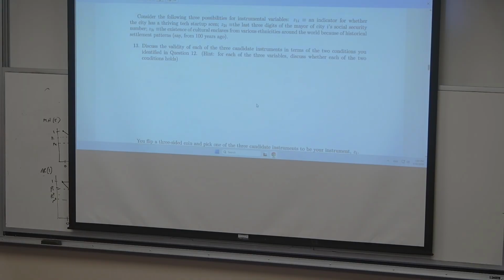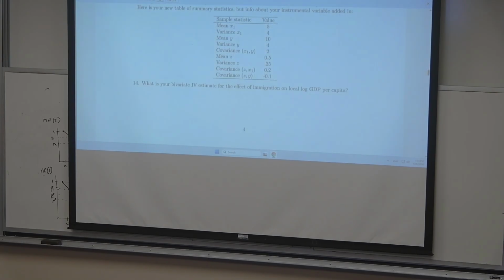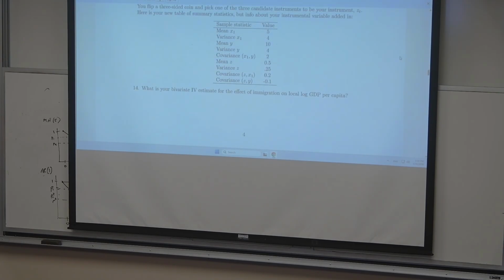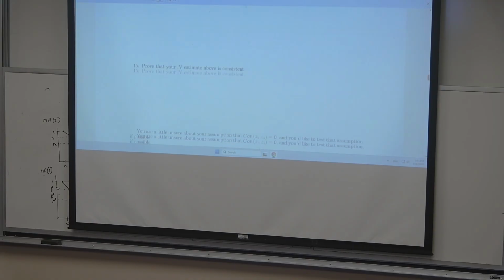So you can do your relevance exclusion chart just like you did in class, and as long as you can explain your reasoning there, then you're good. Okay. Number 14, you flip a 3-sided coin and pick one of the 3 candidate instruments to be your instrument. What's your bivariate IV estimate? We already did that. It's the covariance of z and y over the covariance of z and x.